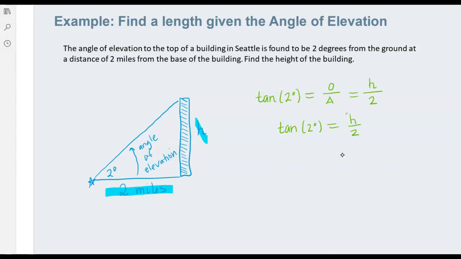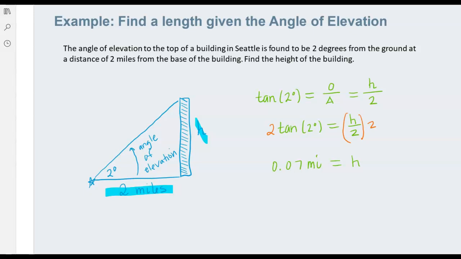I will multiply both sides by 2 to clear the fraction, and then plugging this into the calculator, I find that the height of the building that I'm getting is approximately 0.07, but the measurement that we're thinking about is in miles.